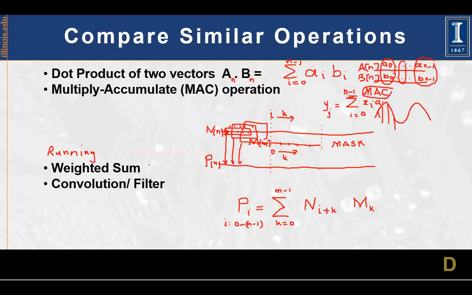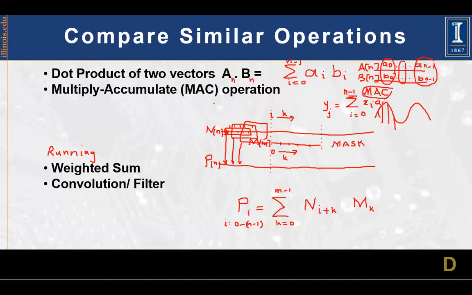So now we see how our well-known dot product or MAC is related to convolution or filtering on a vector of data. It is a dot product, but we keep taking it on a small part and keep moving it to the next and keep placing the result.